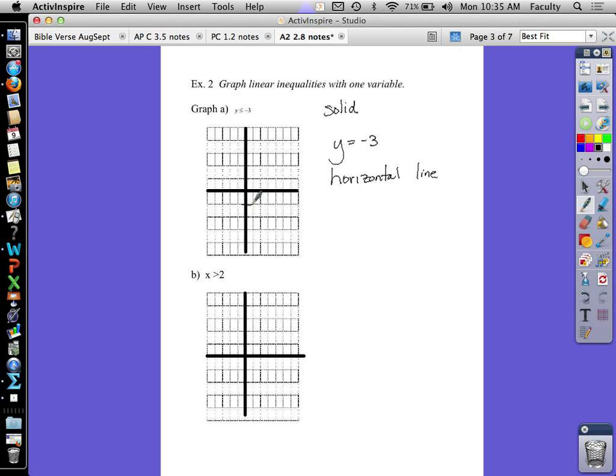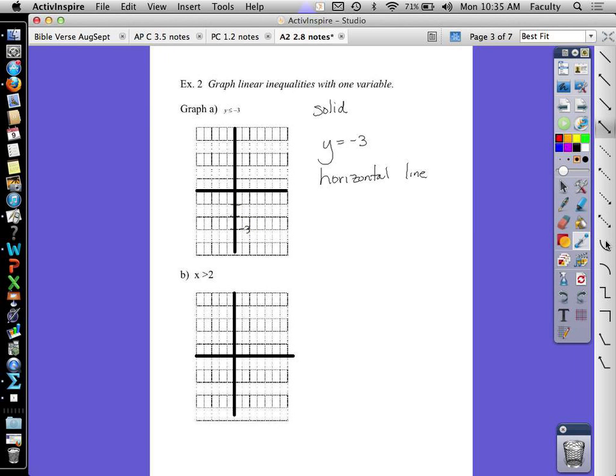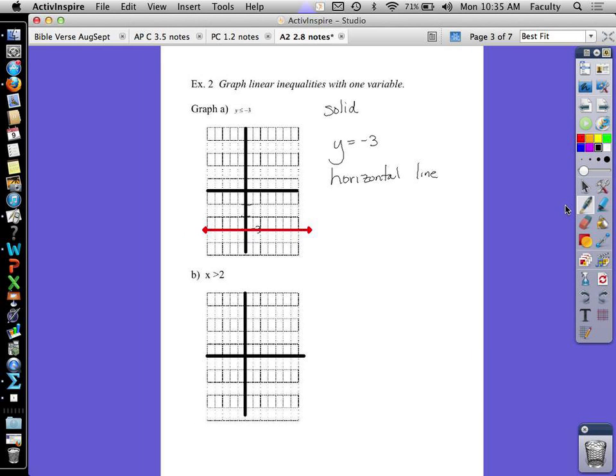So I'm going to go to y is -3. It's solid. I'm going to make a solid line. And then we're going to do a test point. A test point is not on the line. So I'm going to pick, say, 0, 0.